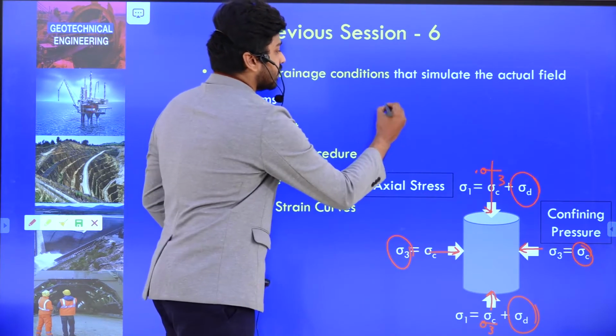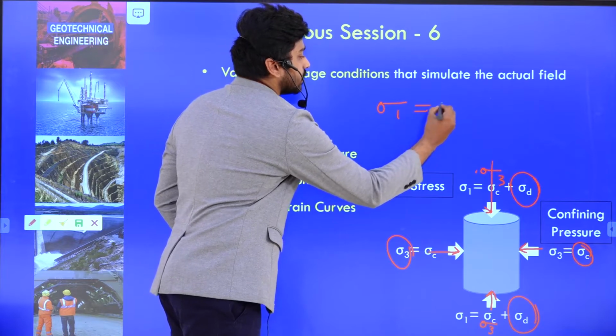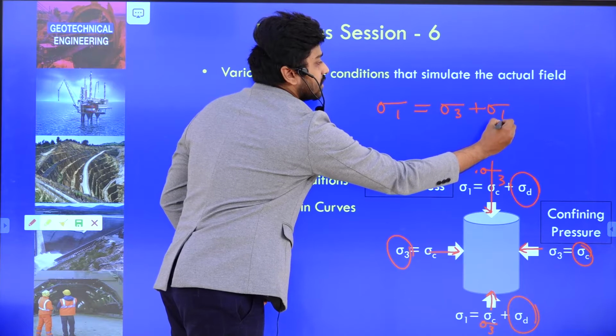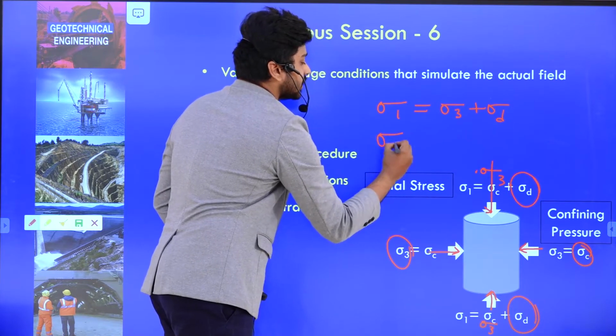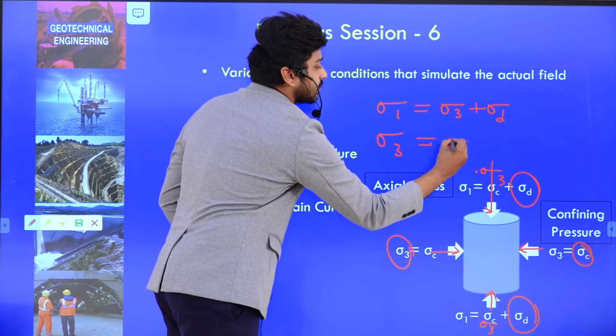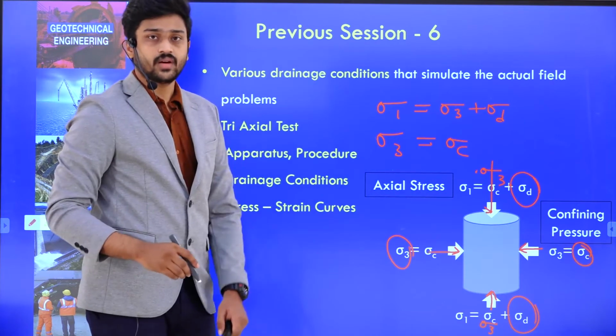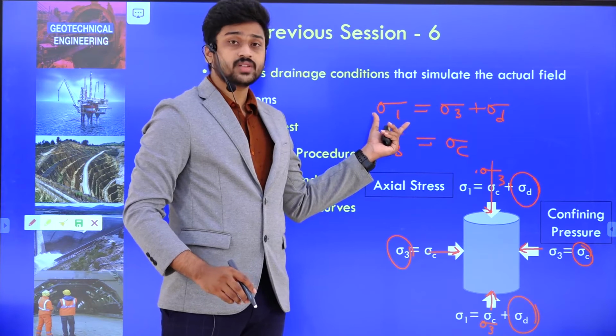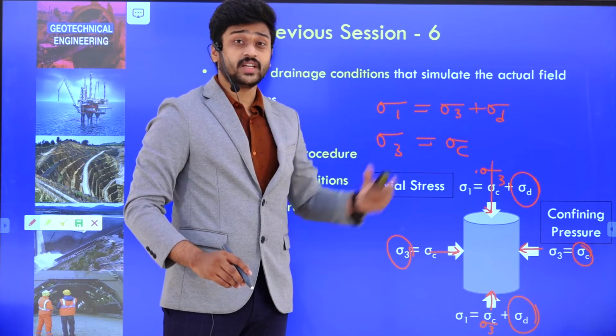Okay, always keep in mind that sigma 1 is equal to sigma 3 plus sigma d, and sigma 3 is equal to sigma c, where sigma 3 is the confining stress and sigma 1 is the confining stress plus the deviator stress.